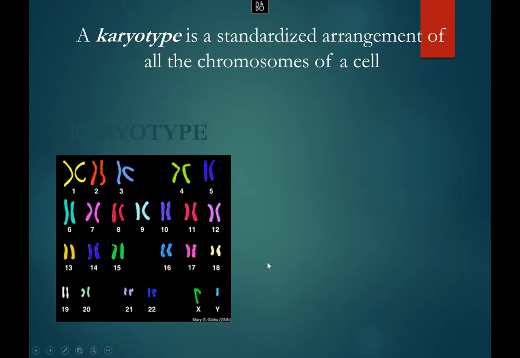One of the other things that you'll be looking at is something called a karyotype. This is an arrangement of all the chromosomes in a cell, and this is generally used to look for abnormalities. During certain phases of the cell cycle, chromosomes can be captured basically in a photograph, and they can be aligned with their pair.